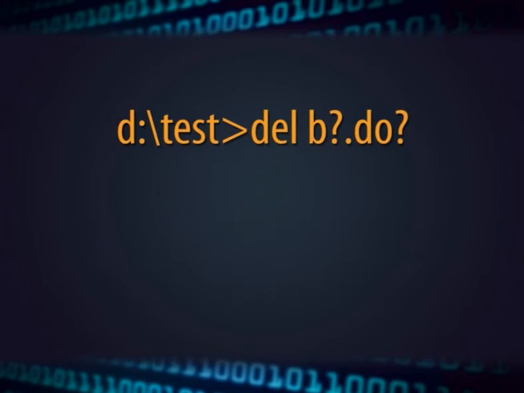Another example is d:/test prompt, del space b question mark dot do question mark. This command will delete files with 2-letter names, in which the first letter is B and the second can be any character, and with extension do followed by any one character, like doc and dot.